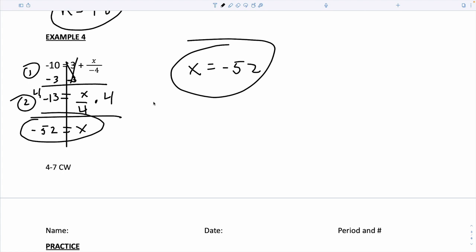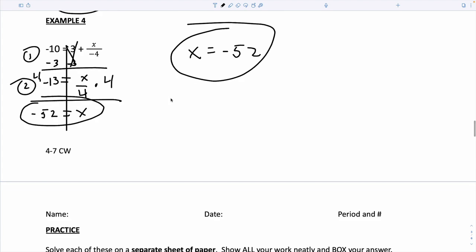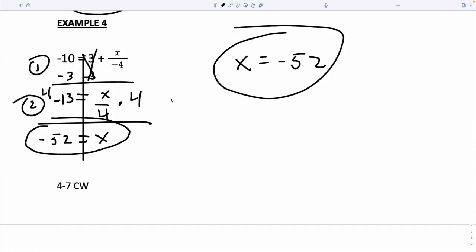Lauren, you can turn real quick, or just maybe even move. If you have a separate piece of paper, give me a thumb up. I'm going to set it up in just a minute.